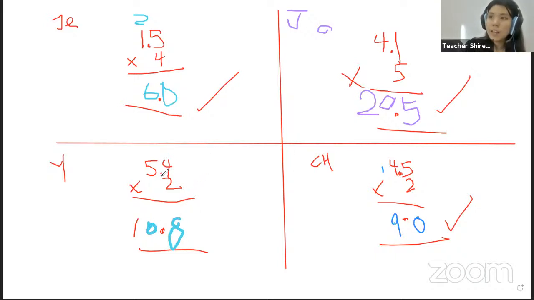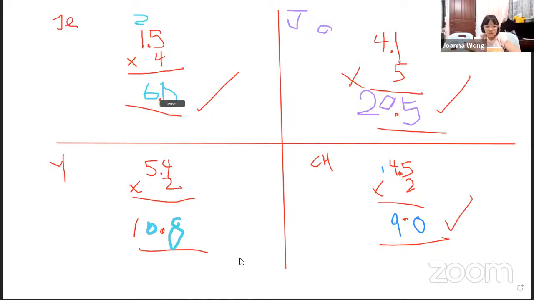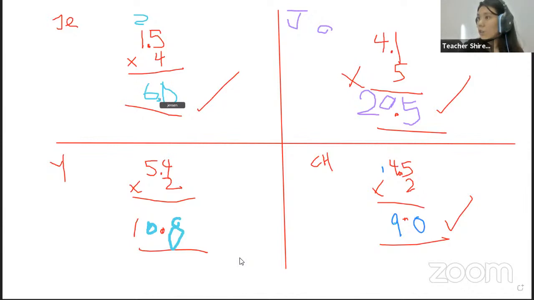Okay, understand? So today we're going to learn a simple decimal multiplication. I think all of you are good with your multiplication. Let me go through a decimal multiplication.